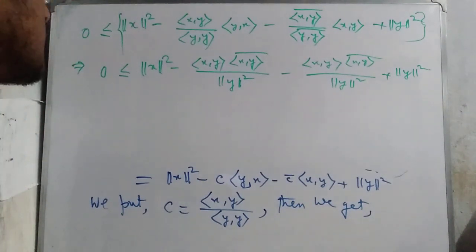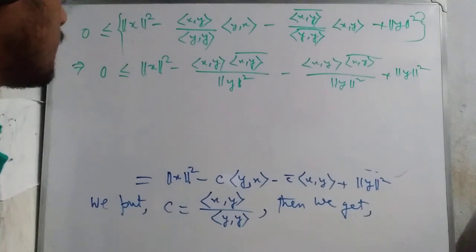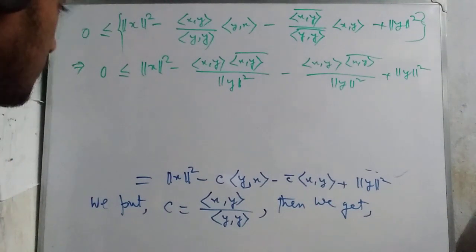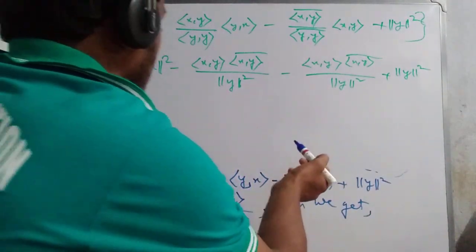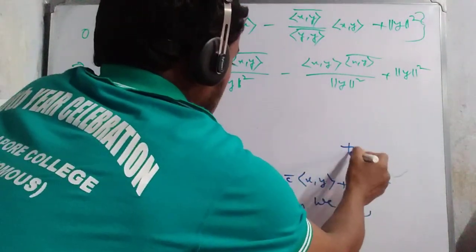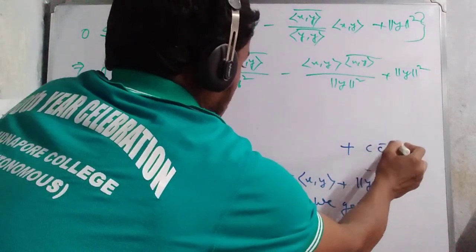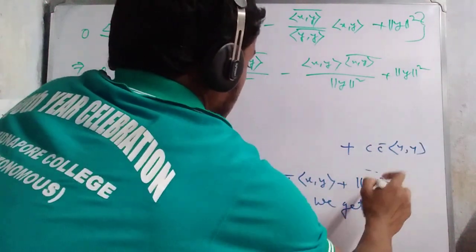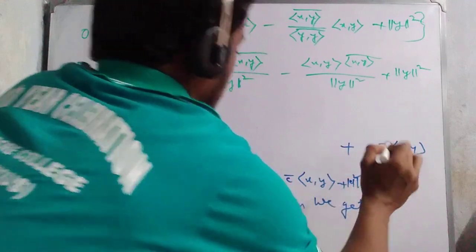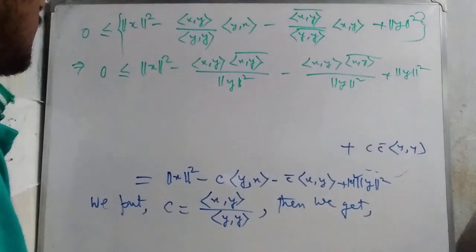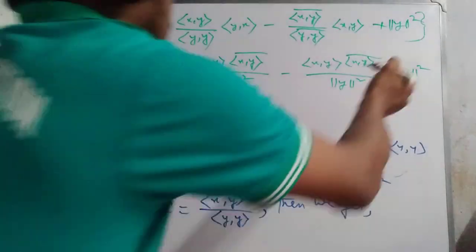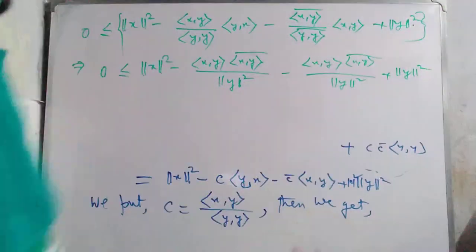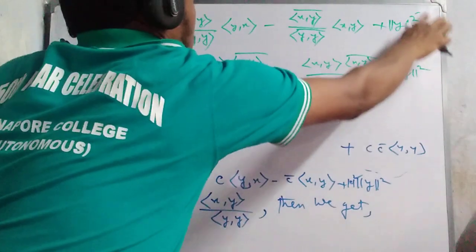Sorry, we made some mistake here. Here we did not see that obviously there is a plus c c-conjugate (y, y) term, which gives modulus c squared. Then we also made a mistake here, that obviously we put c squared. Then what do we get?